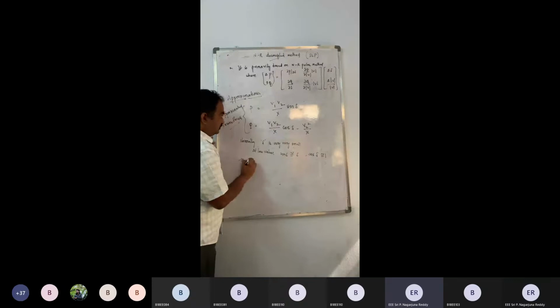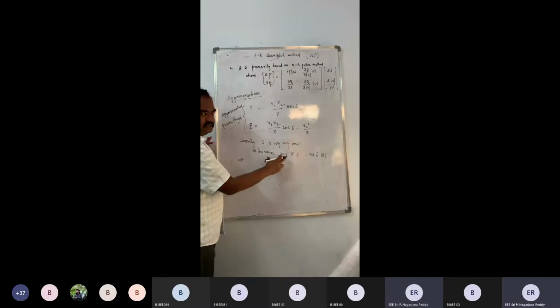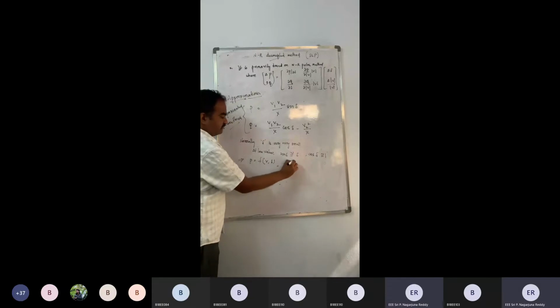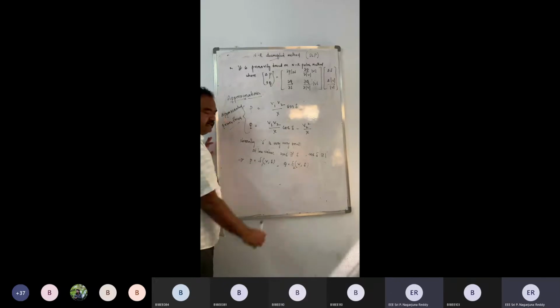So if I employ these relations here, P is a function of V and delta, and also Q is a function of V and delta. Both are functions of V and delta.